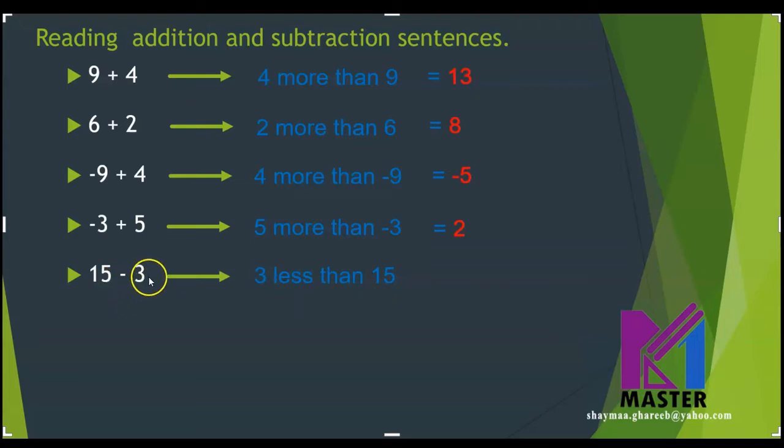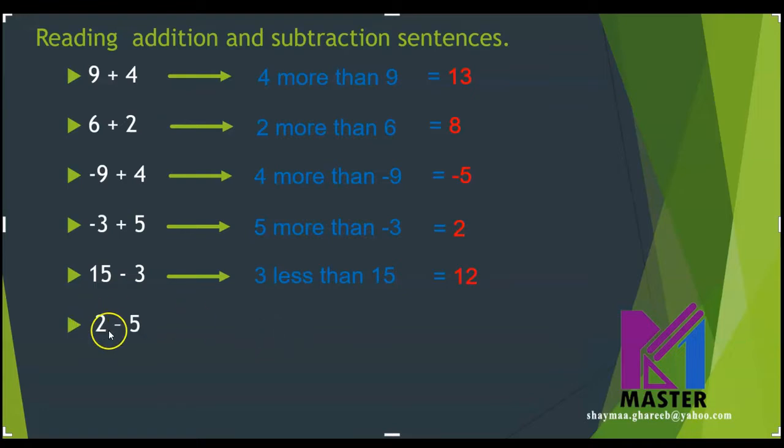I will start with the number after the subtraction sign, which is the 3, and I will say 3 less than 15, which means counting backward before the 15. So I will count backward starting from the 15 by 3 steps. Let's count together. Before 15 we have 14, 13, 12. So the answer is 12.